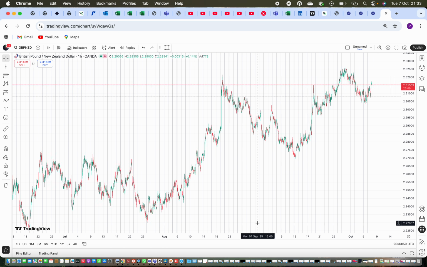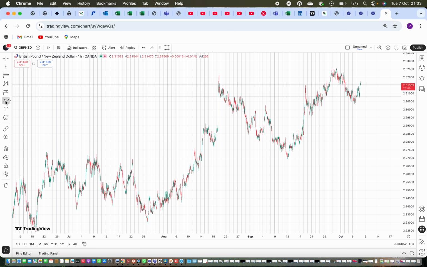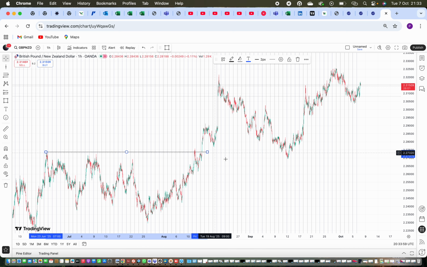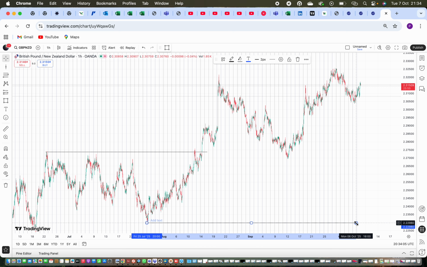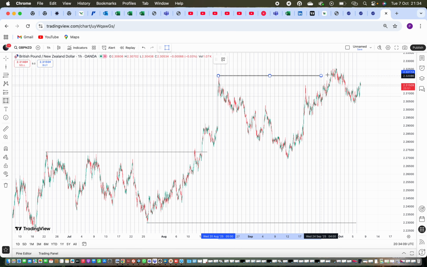Now if we notice this movement here, we have a break of structure at this level. This is the low that created a high, and we have a new high at this level.